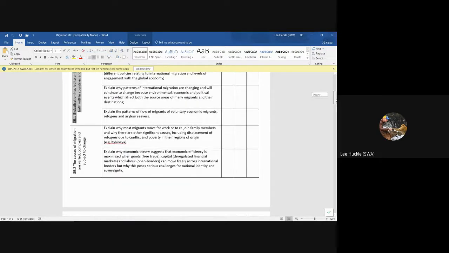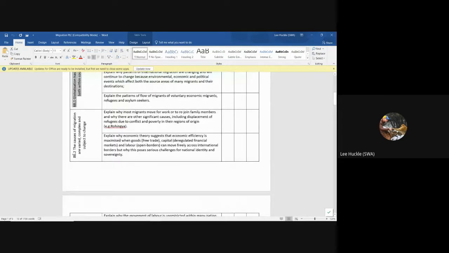The second part of EQ1, where it says here 8b.2, is looking at the causes of migration. It says there the causes of migration are varied, complex, and subject to change. And that's really where we delved into why do people move? What's causing that movement of people from place to place, either internally or across borders internationally?